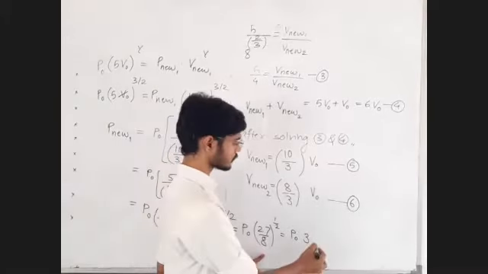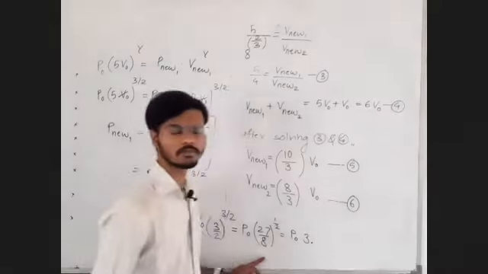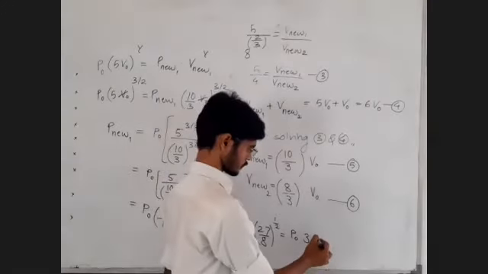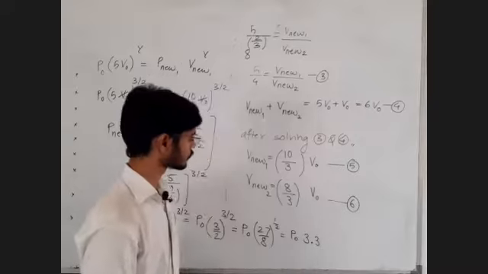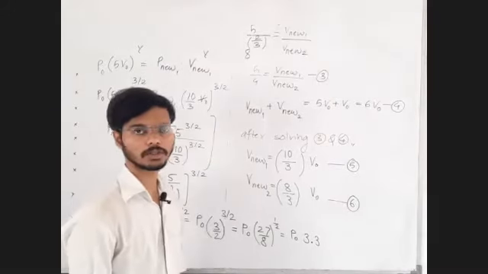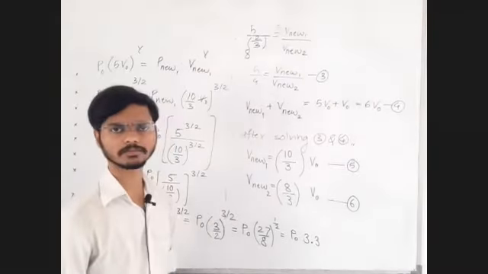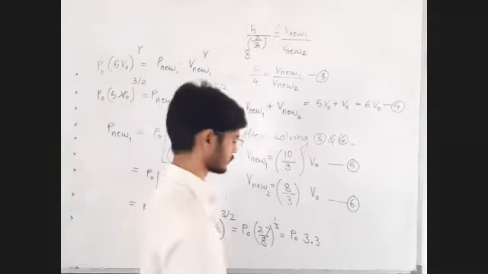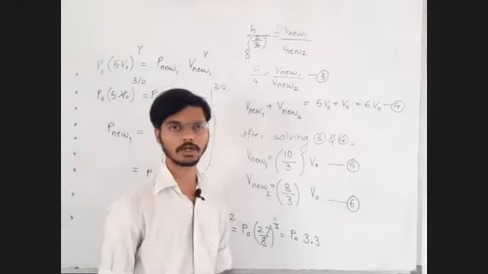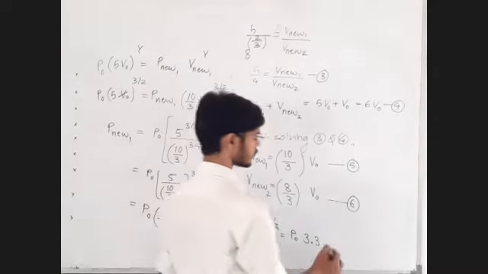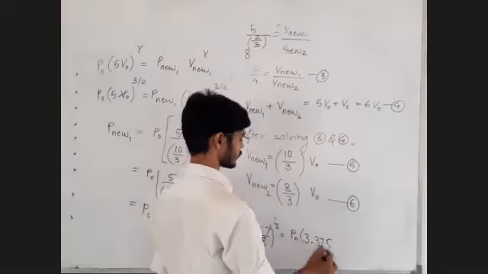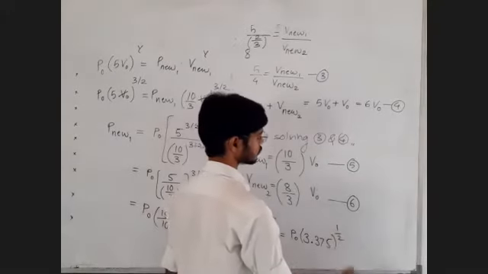Three point... 27 upon 8 is 3.375. Okay, 3.375 raised to what? Raised to 1 by 2.